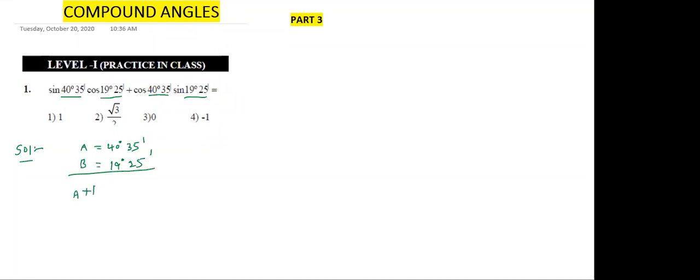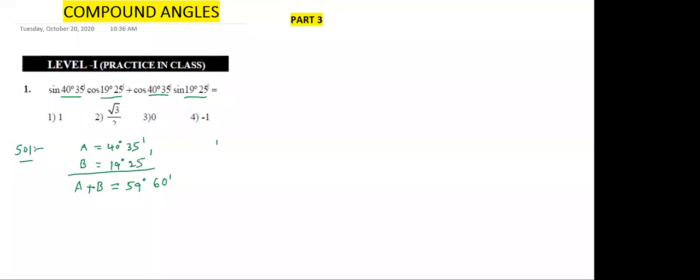If you add these two, A plus B, students, what happens? A plus B is 40 degrees plus 19 degrees, how much? 59 degrees, and 35 minutes plus 25 minutes is 60 minutes.